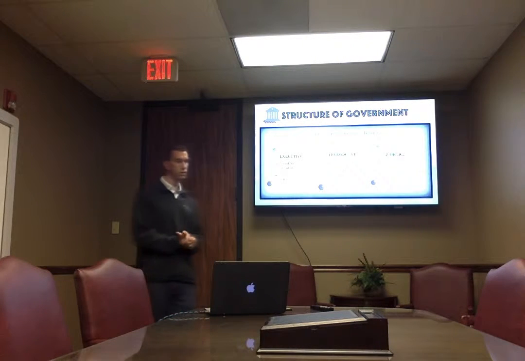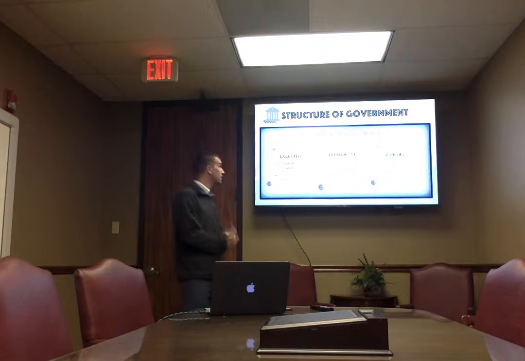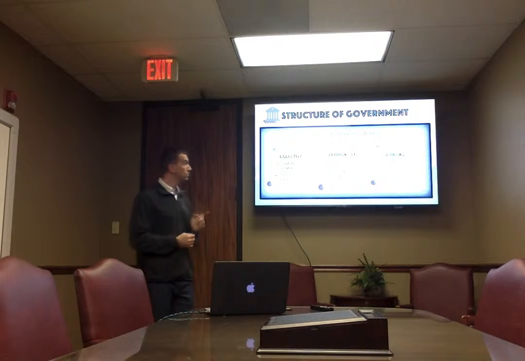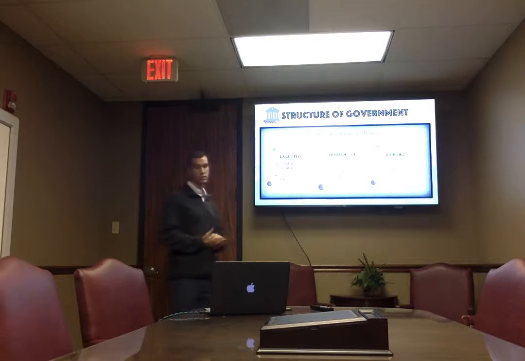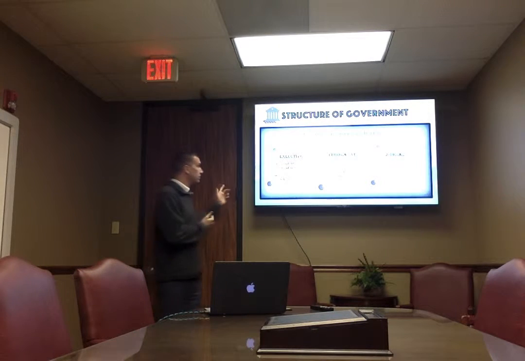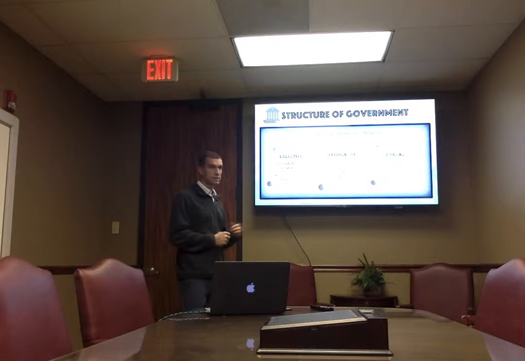Okay, so the structure of government that they have in India is a parliamentary democracy. It's similar to what we have here, but looks slightly different. It has the three main branches: the executive, legislative, and judicial. The executive is made up of the president or head of state.